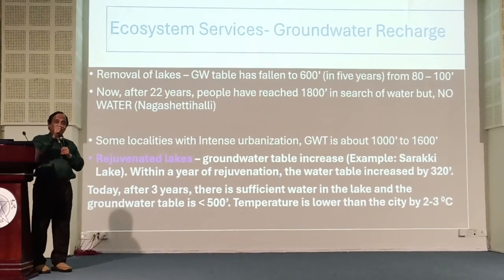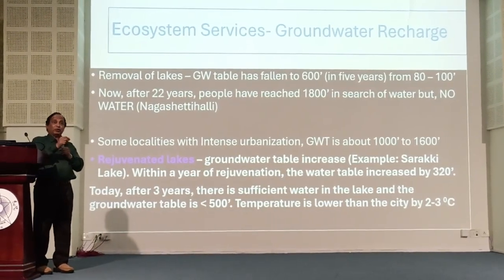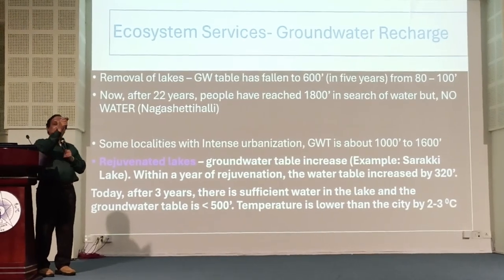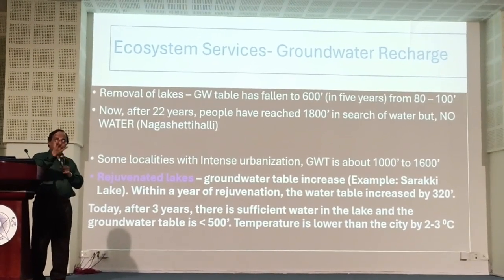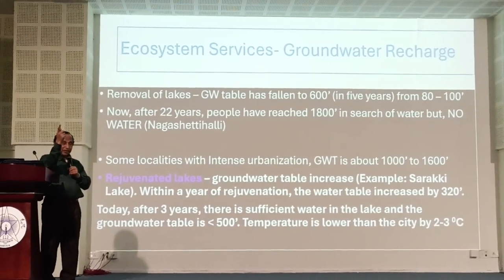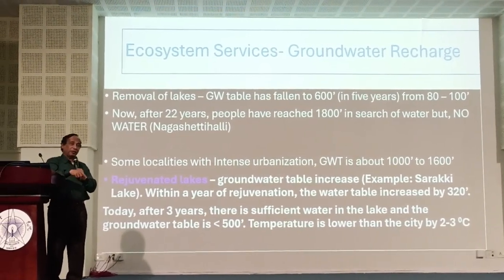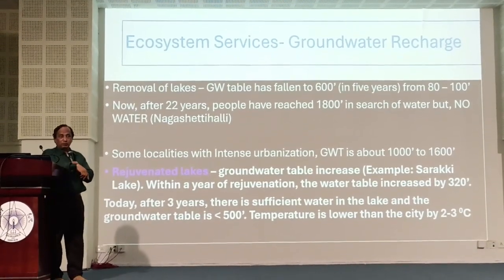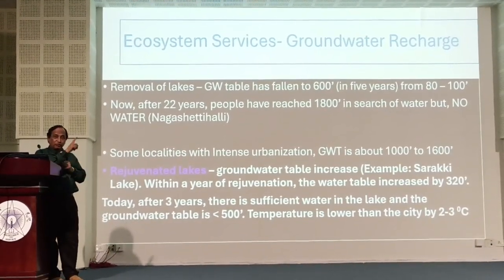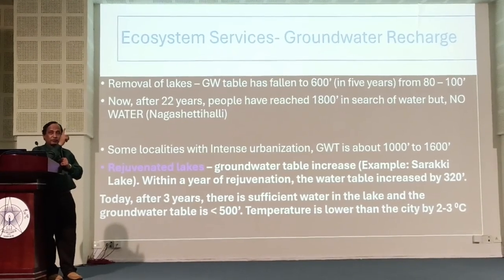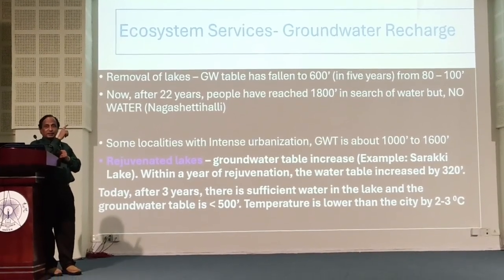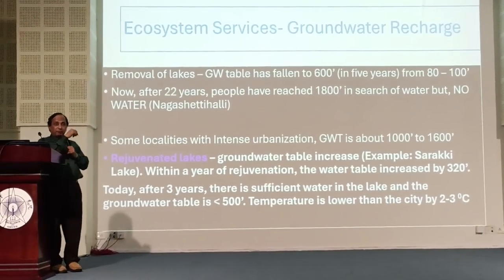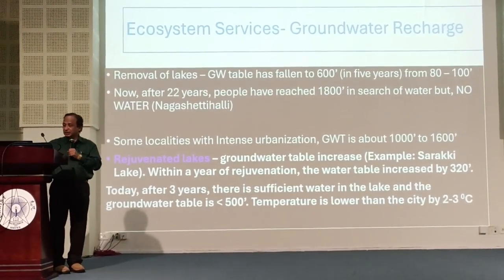Today, after 23 years, in the same location, people have gone down to 1,800 feet, but there is no water. The place where water was available at 100 feet, today they have gone down to 1,800 feet and there is no water. But what are we Bangaloreans doing? We are searching for water on the moon. We just now launched that mission. In the name of development we will do that, but we lose the basic resources on the ground.